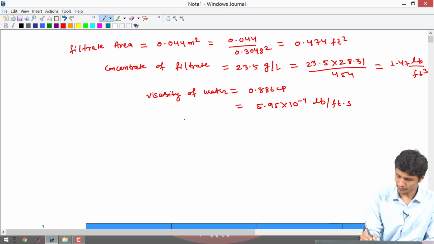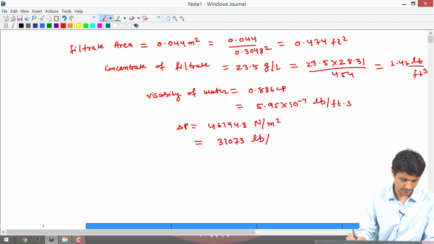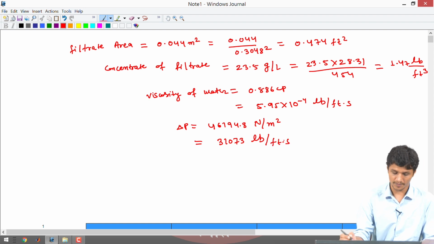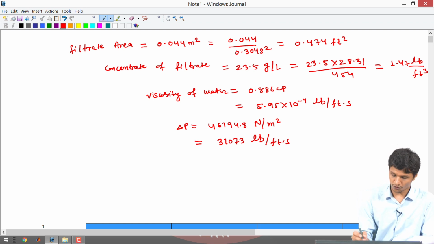And for the pressure drop also, delta P equal to 46194.8 Newton per meter square. In the foot-pound system it will be 31073 lb per foot second. So in the question the data table is given with respect to volume.